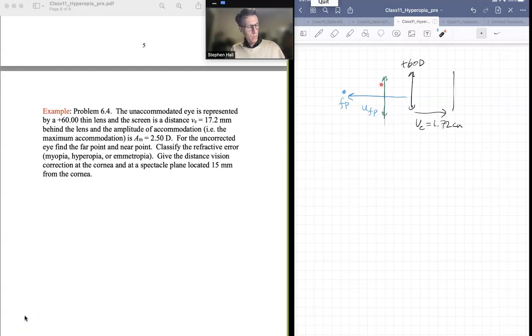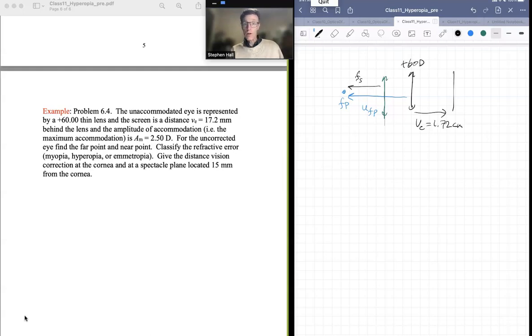So I've drawn in the spectacle lens here. I've recopied our figure from above for our eye, and showing our far point over here. Because again, I'm going to remind you that what we need to do here is find the focal length of the spectacle lens, and that has to be the distance from the spectacle lens to the far point.